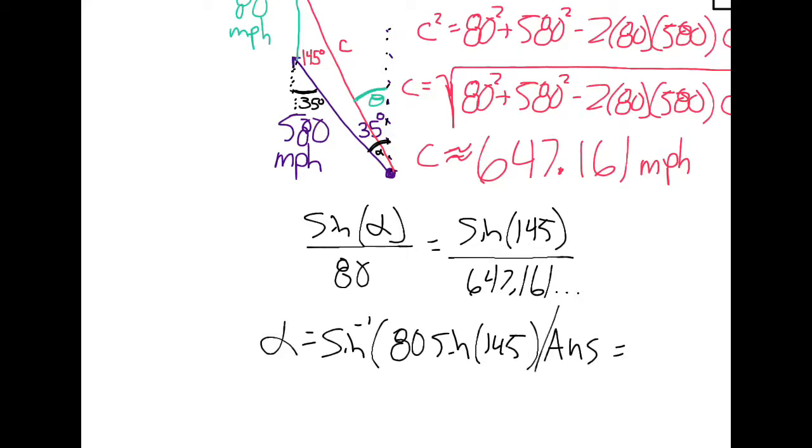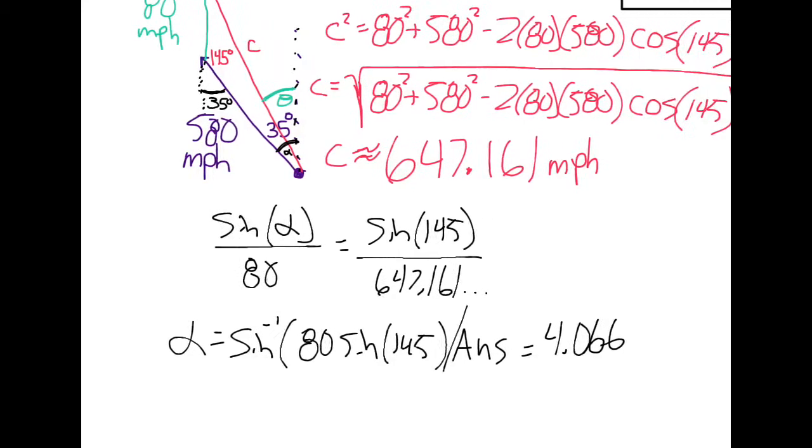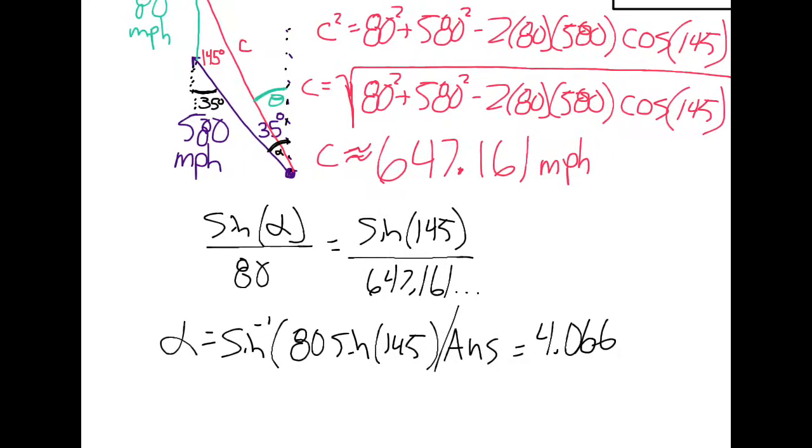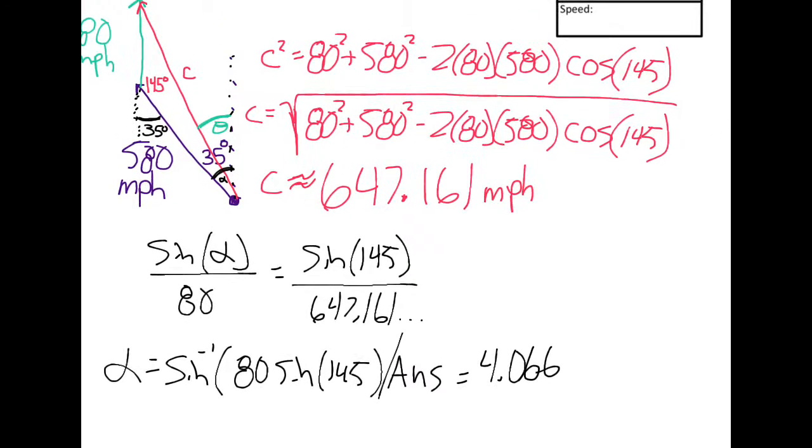I forgot to write my division right there. You need that. And when you do that, you should get that alpha angle to equal 4.066 with a little bit of rounding. And if that's alpha and we want theta, we know that theta is going to equal that 35-degree angle minus that angle alpha that we just found.